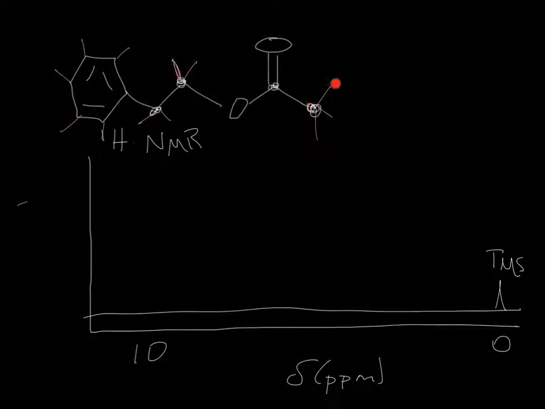Now, this carbon here has no hydrogen, so we don't have to worry about anything off of it. Of course, this oxygen has no hydrogens, and this oxygen has no hydrogens. This one has 2. Are there any other carbons that have identical hydrogens here? The answer is no.